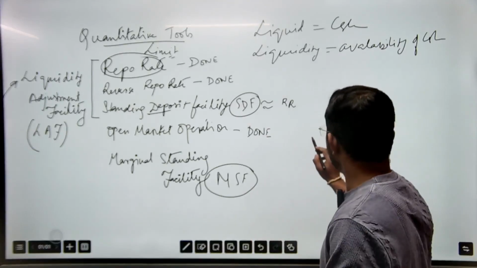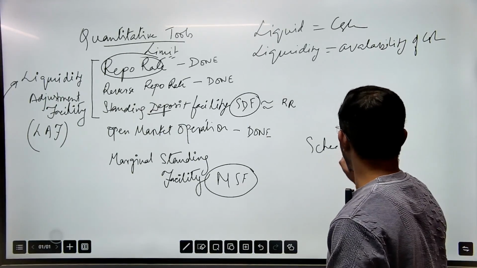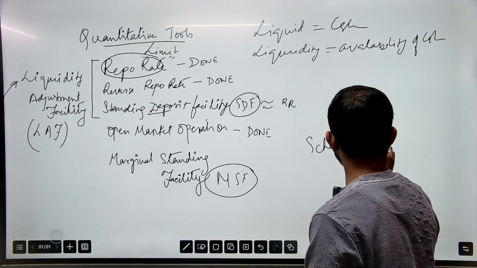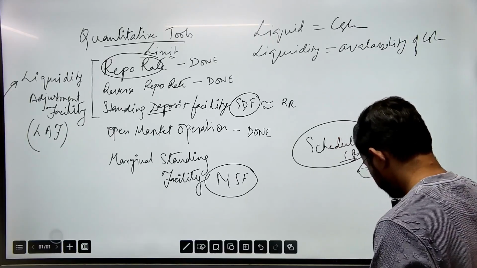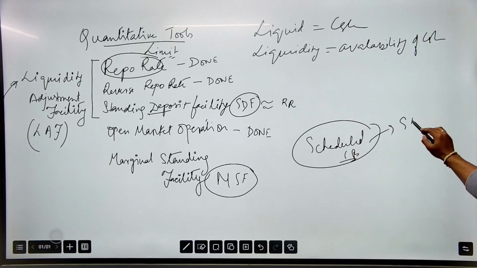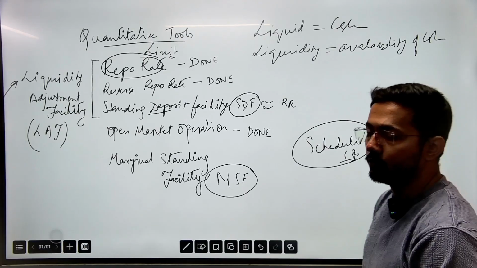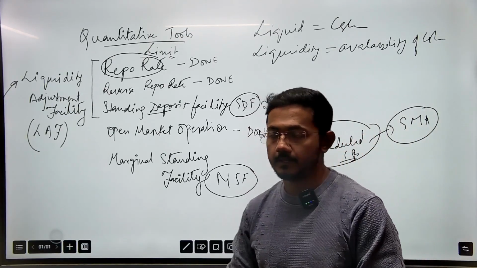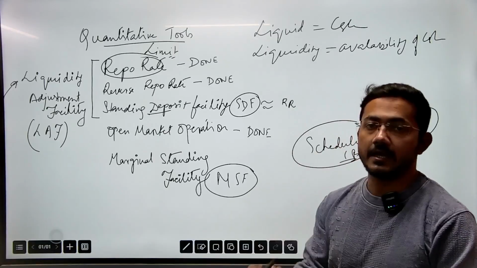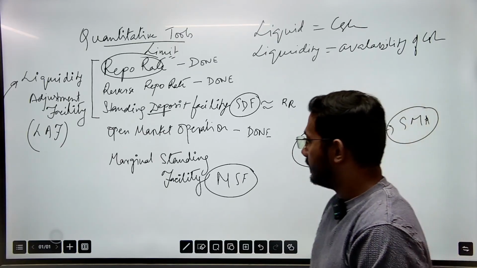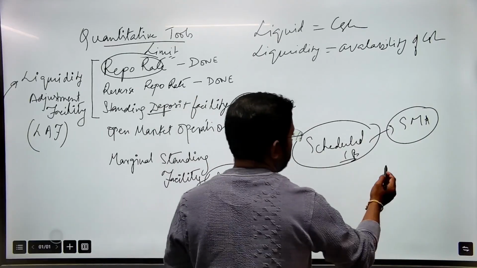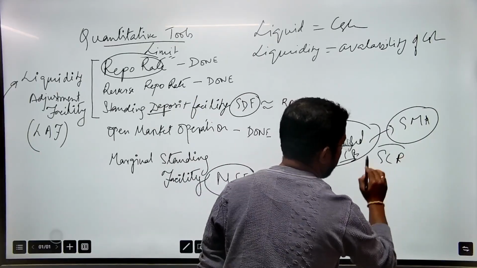Now, if a scheduled commercial bank has a special management account with the RBI, the RBI may grant more money by dipping into the SLR.